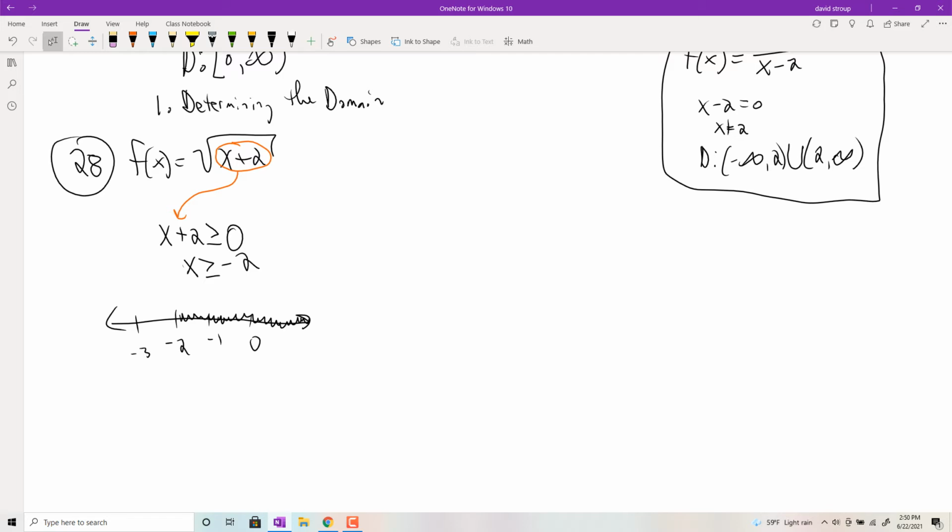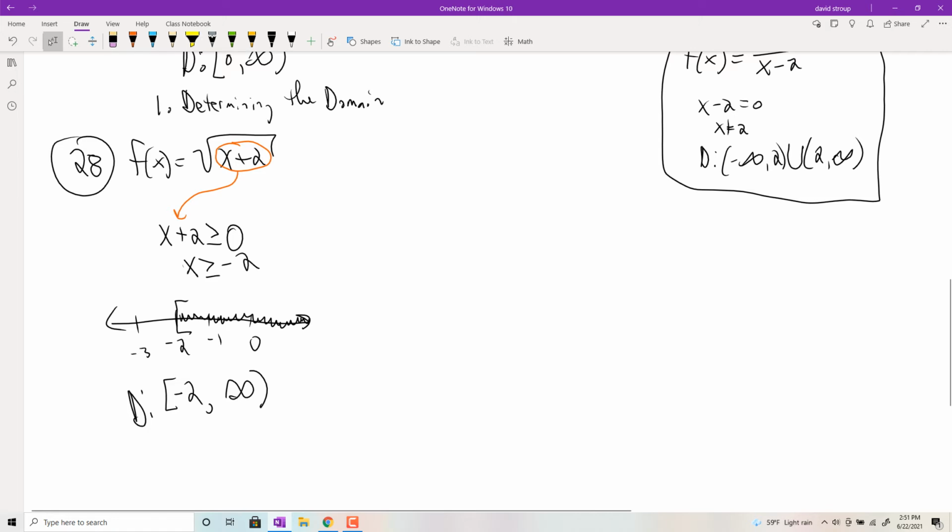So anything greater than is all that stuff I just shaded in, and then we use a square bracket to indicate that we can also have negative 2, greater than or equal to negative 2, right? And then for our interval notation, I just borrow the square bracket, the negative 2, and then I go all the way up to positive infinity. Okay, and that would be your domain.